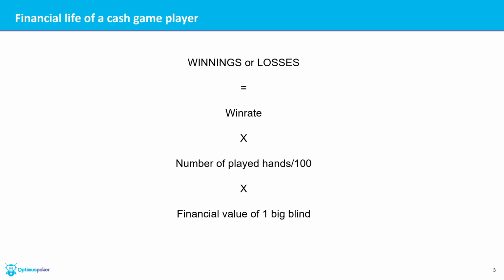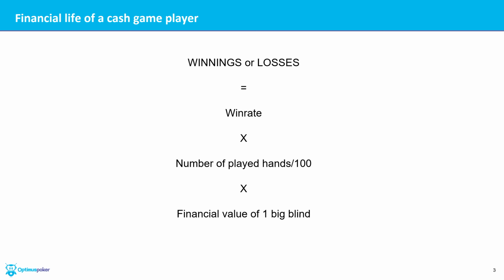You can calculate this number just by taking notes of your results, but basically, trackers do that. If you use Hold'em Manager or PokerTracker, for example, they display your winnings or losses, but we will see in this video that it's important for you to be able to calculate that by yourself.